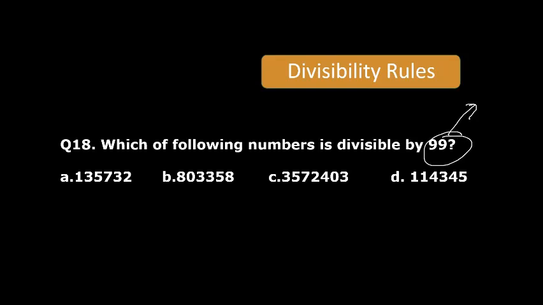You can make your own. Break into 9 and 11. These should be co-prime. So if a number is divisible by 9 and 11 both, you can say it is divisible by 99 as well. So answer?